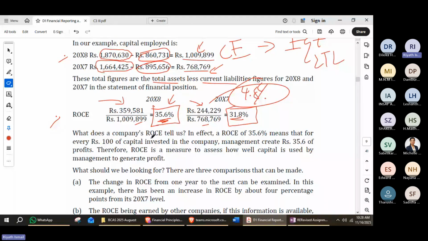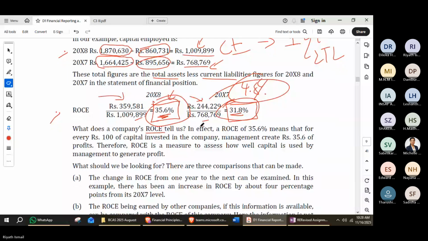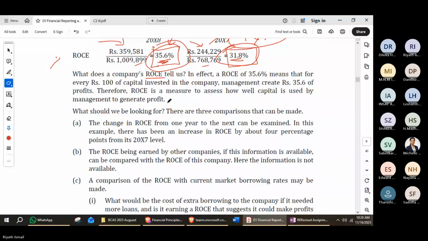So what does the company's return on capital employed tell us? What is the meaning of this 35 and 31? A return on capital employed of 35.6 means that for every 100 rupees of capital invested in the company, management created 35.6 rupees of profit.